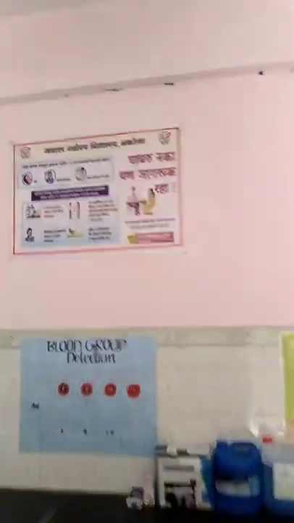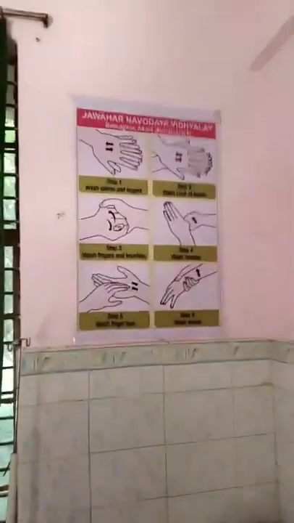Various posters are pasted, and this is a table for the staff nurse. Now we are moving on. At my left there is a toilet room, and now we are moving towards the labs.